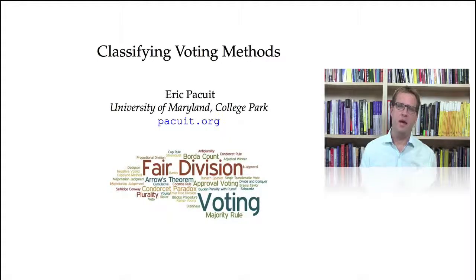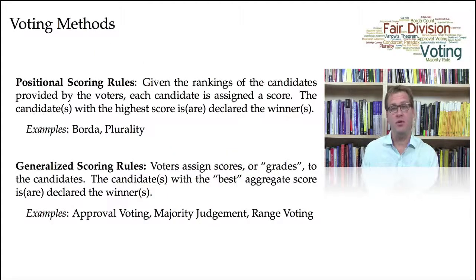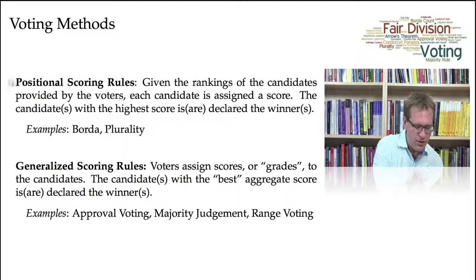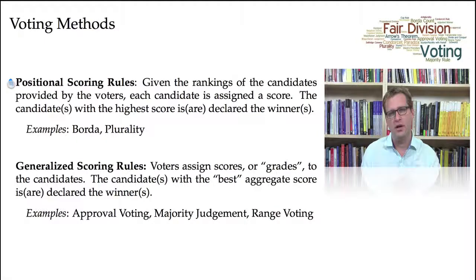At this moment, I'd like to take a step back and take stock of the situation we find ourselves in. So we've seen lots of examples of different types of voting methods, and we can roughly categorize these voting methods into four categories. First of all, there's the positional scoring rules.